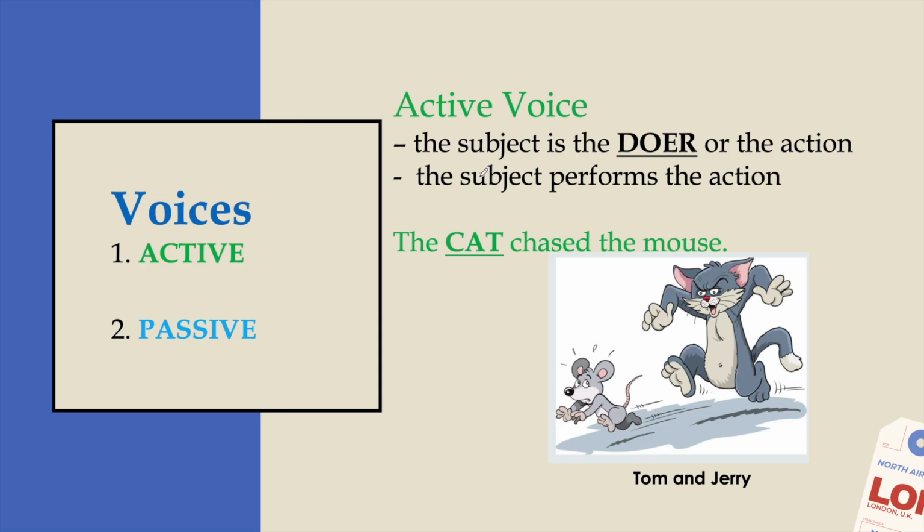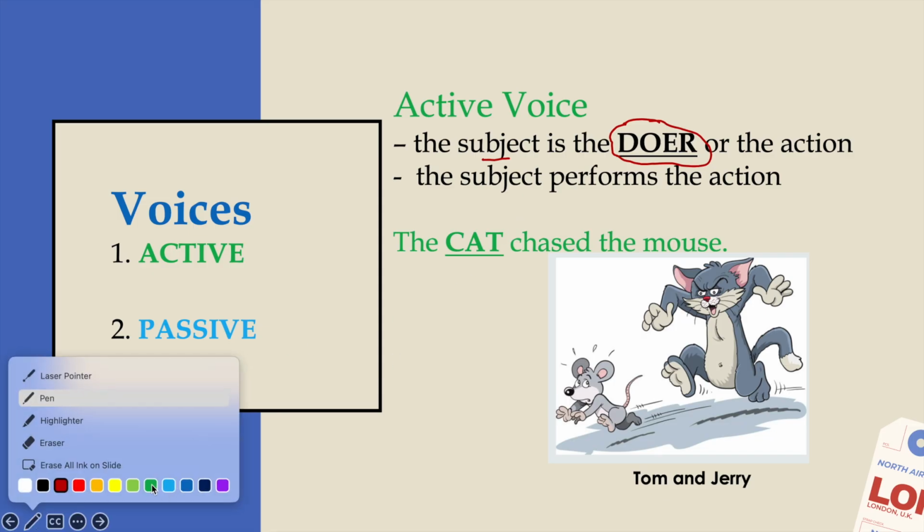The subject is also the doer of the action. Again, to understand the voices of verbs, you are supposed to know the subject part of the sentence and the predicate part of the sentence.